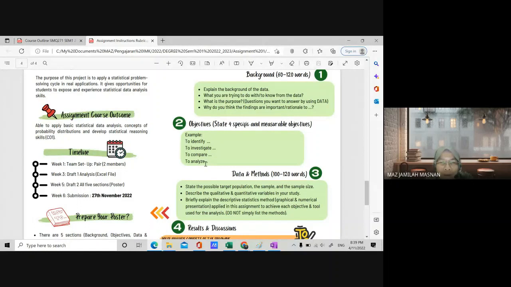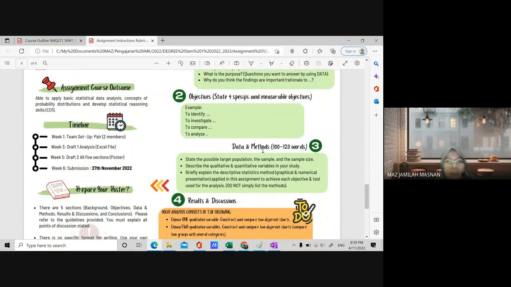So you can copy these four sentences or words to be your four objectives, but for the dot part, you need to identify what will be the things that you need to, for example, the first one, to identify what, to investigate what. That goes back to your data that you choose.